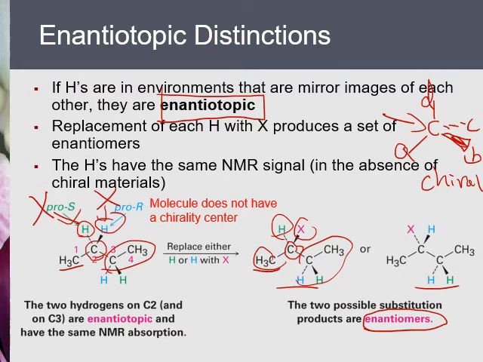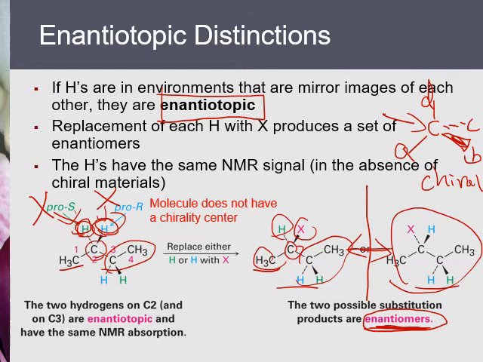A chiral molecule has a mirror image that cannot be superimposed. They are different molecules, and they are called enantiomers. Because these 2 are enantiomers, the 2 hydrogens are called enantiotopic.